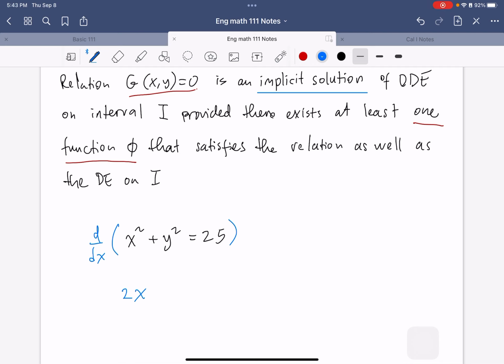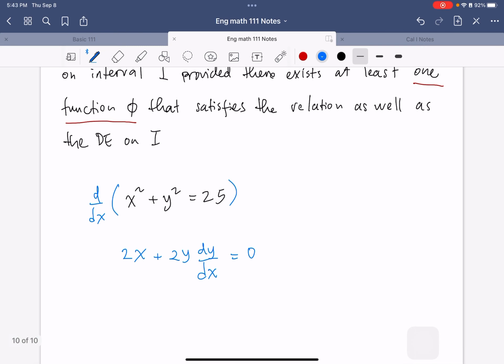But for y, we are going to have 2y and then dy over dx. And then the constant becomes 0. At the end, we simplify, and then we can write dy over dx is equal to negative x over y. Because we did the implicit differentiation here, we could say that this is the differential equation, this is the DE.